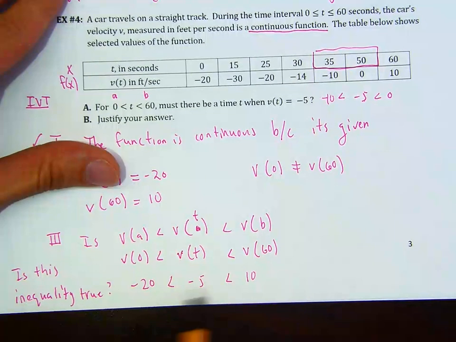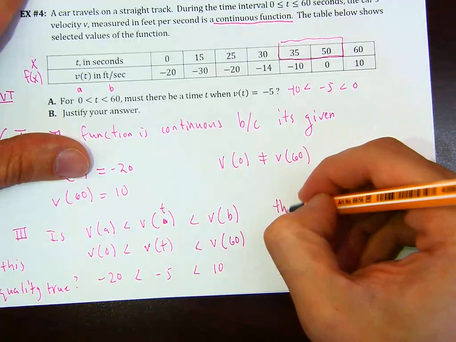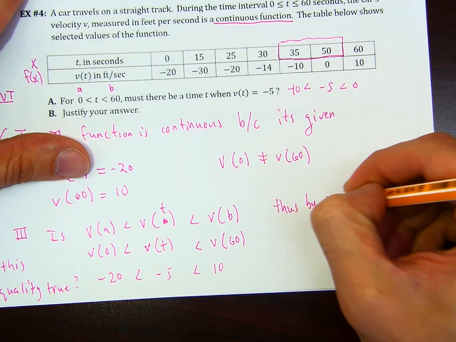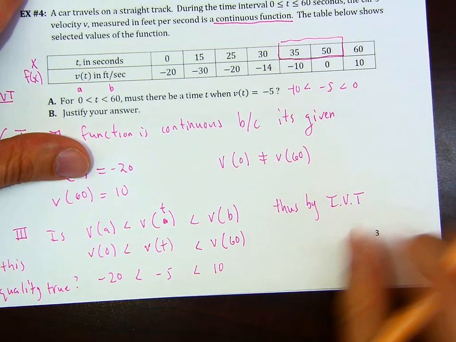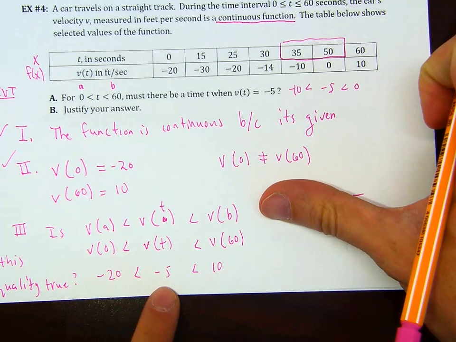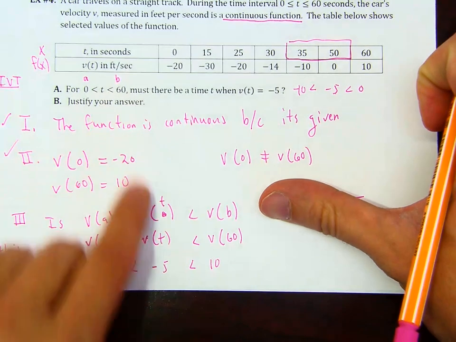So if you know that this inequality is true, which it is, because negative 5 is between negative 20 and 10, thus, by IVT, you see, if you just write this and say this is true, you're not fully justifying, okay?